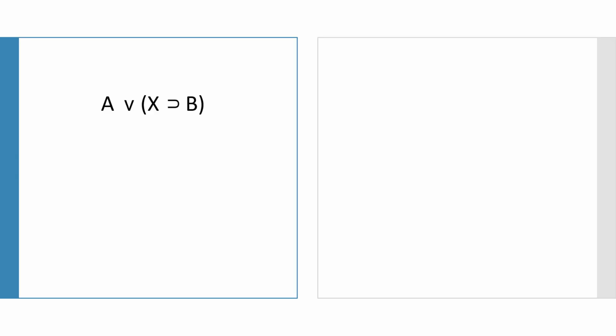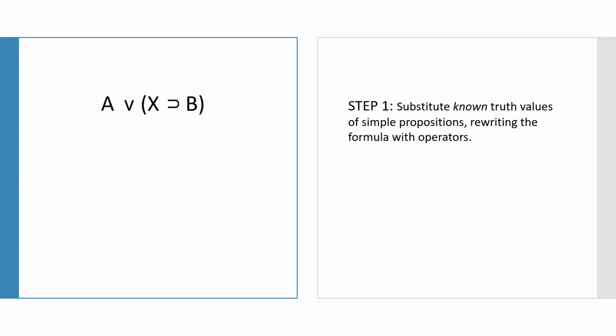So let's start with a fairly simple example of a complex proposition and then see how we would go about determining the truth value of this entire statement. Now the statement itself reads A or if X and B, and the first step here is to simply substitute the known truth values of each of our simple propositions and then rewrite the entire formula with those truth values stated.